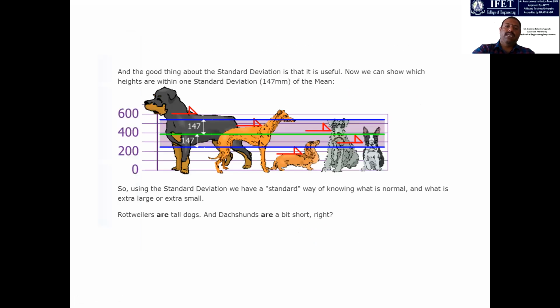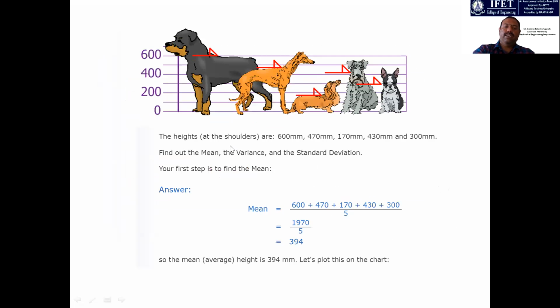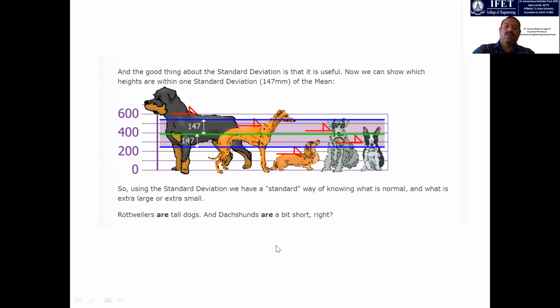So what is the meaning of it? Standard deviation. You can see this example, the same example. This green line is the standard, that is the mean value, the normal value, 394. So from this normal value, the heights of these dogs vary in a standard way, that is how the heights deviate from the normal.